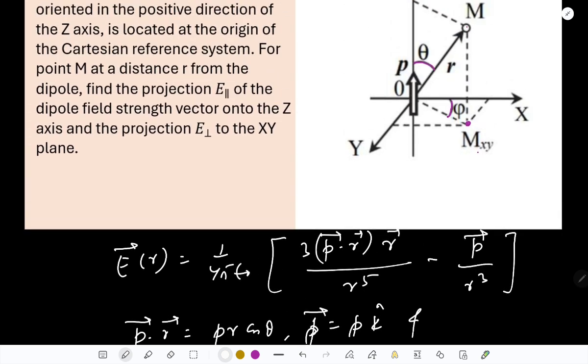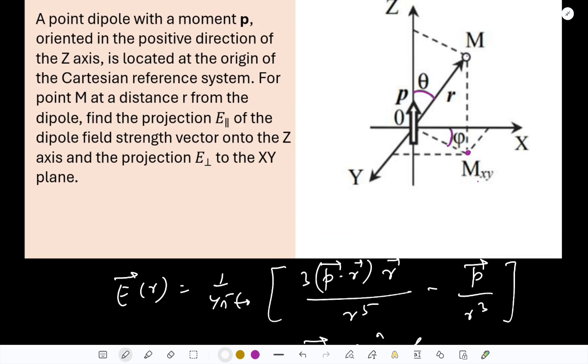This thing is a perpendicular on the xy plane from point M in 3D space. Since this angle is theta, this angle is also going to be theta, and this length is nothing but r sin theta, and this length is of course r cos theta.